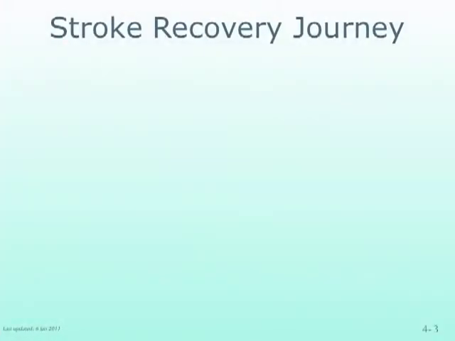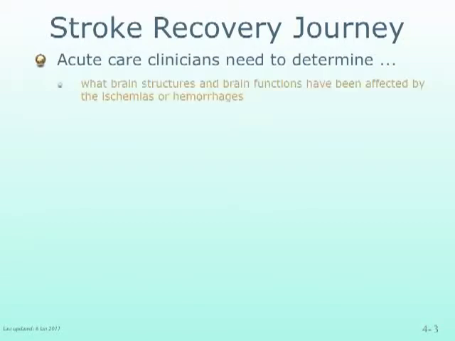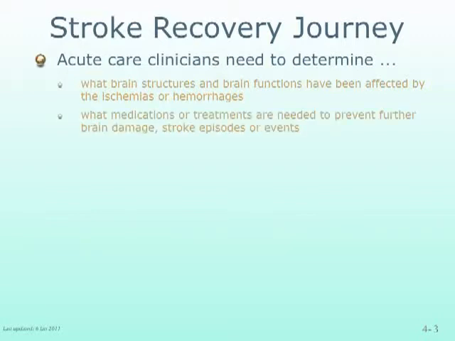As a stroke survivor moves slowly along his or her stroke recovery journey, acute care clinicians need to determine what brain structures and brain functions have been affected by one or more ischemias or hemorrhages, and what medications or medical procedures are needed to stabilise the survivor's medical condition and reduce the likelihood of further brain damage and stroke episodes.